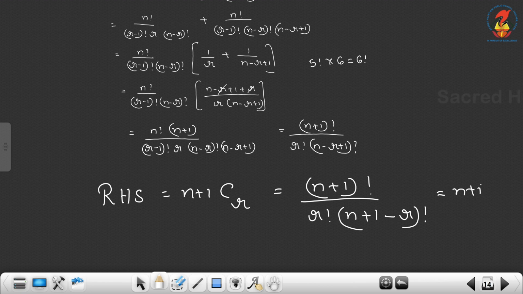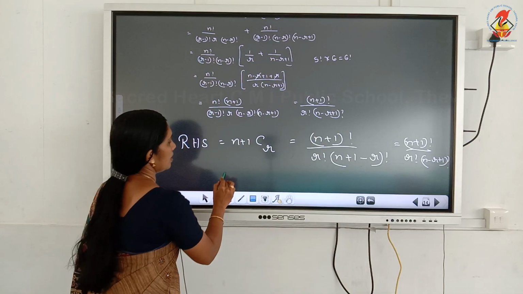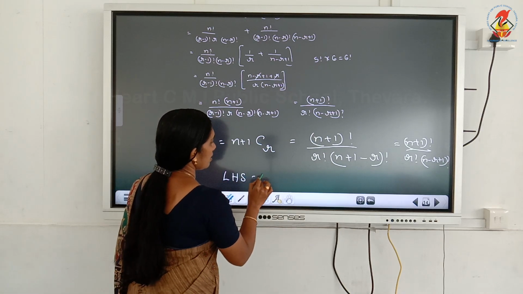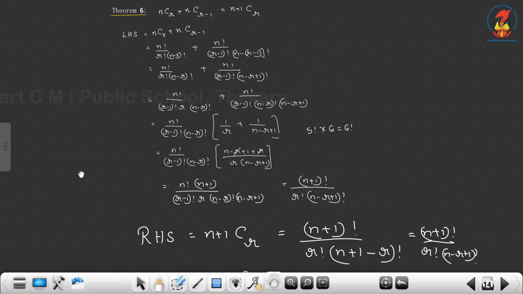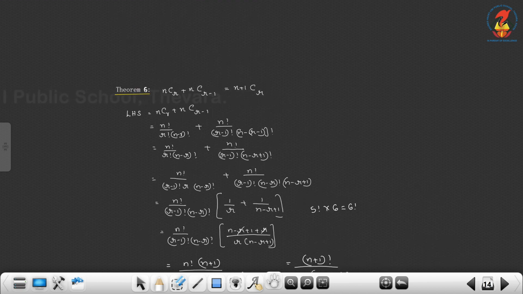That is (n plus 1) factorial, r factorial, (n minus r plus 1) factorial. Compare these two. Both are same. So LHS equal to RHS. So what is the result? nCr plus nC(r minus 1) is (n plus 1)Cr.